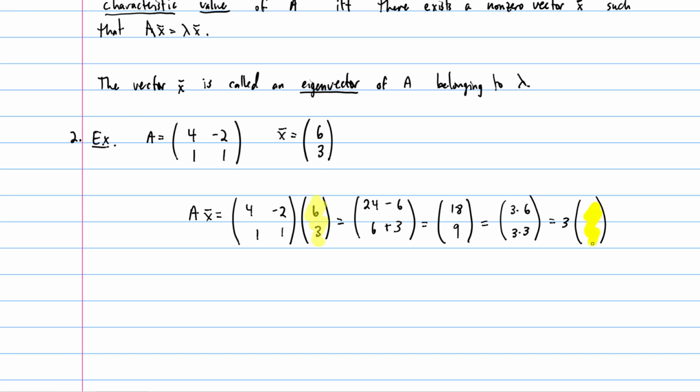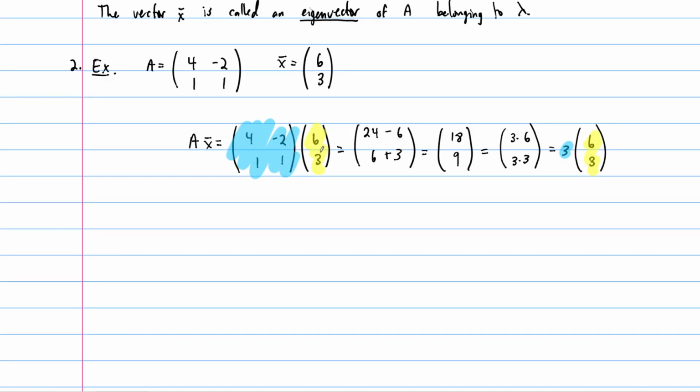And so our matrix A is behaving the same way as the number 3. It's like multiplying by the scalar 3. And so that tells us that, yes, this vector 6, 3 is an eigenvector of the matrix A. And not only is it an eigenvector, but the eigenvalue it belongs to, by our definition, is 3.